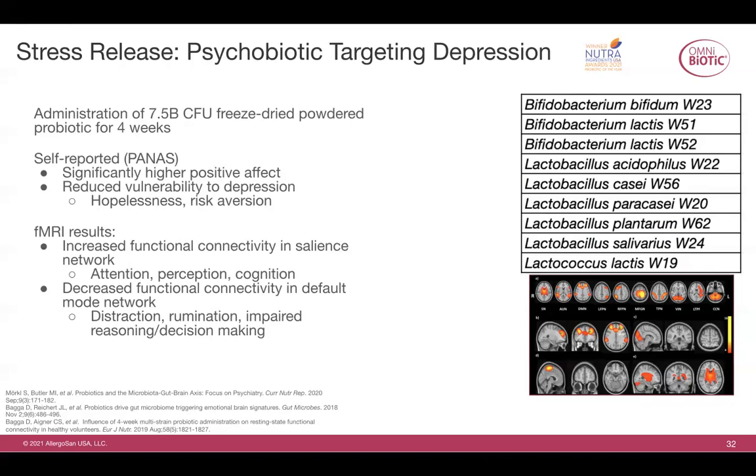They're kind of stuck there. And something so simple as a probiotic for 4 weeks was able to actually improve that. And that's a pretty darn powerful tool as a foundation for a treatment protocol.